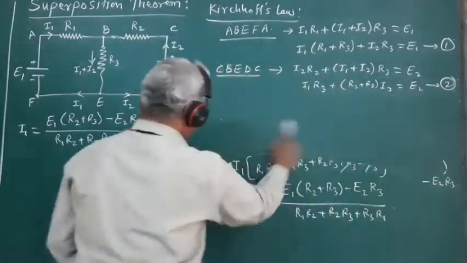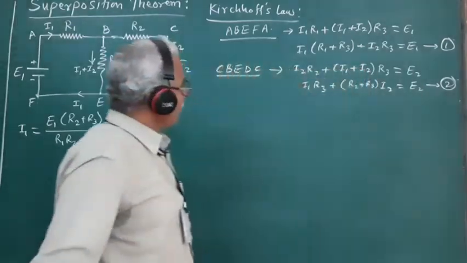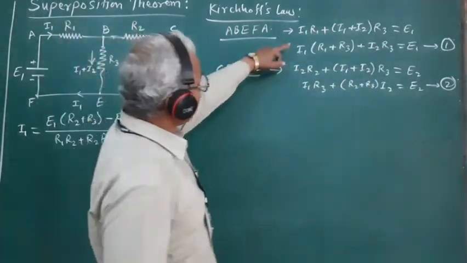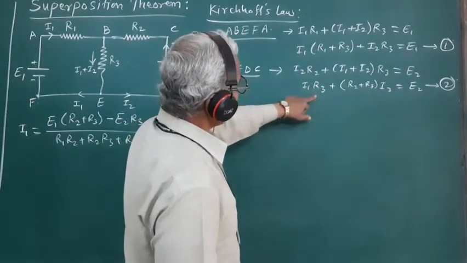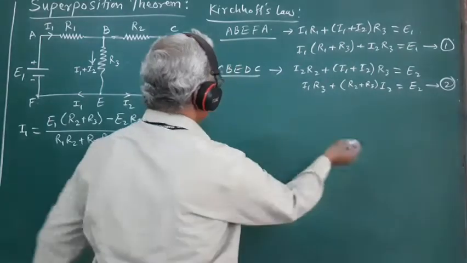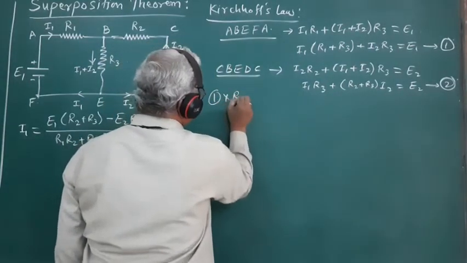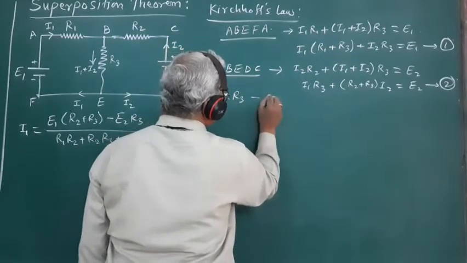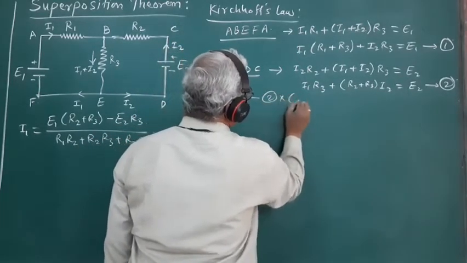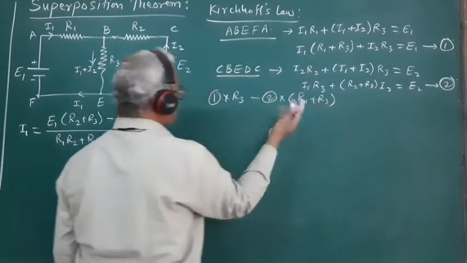To eliminate I1 from equations 1 and 2, we have to multiply equation 1 by R3 and equation 2 by R1 plus R3 and take the subtraction.